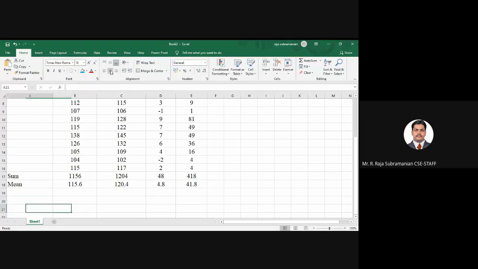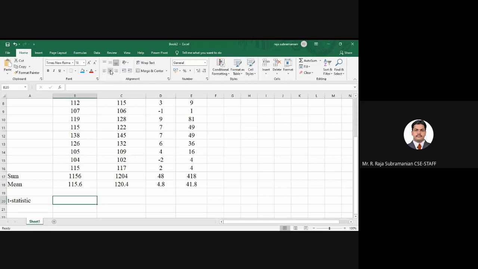The t statistic formula is nothing but, let me first write the formula so that you can keep it in mind. After that, we can use that formula in the Excel sheet.